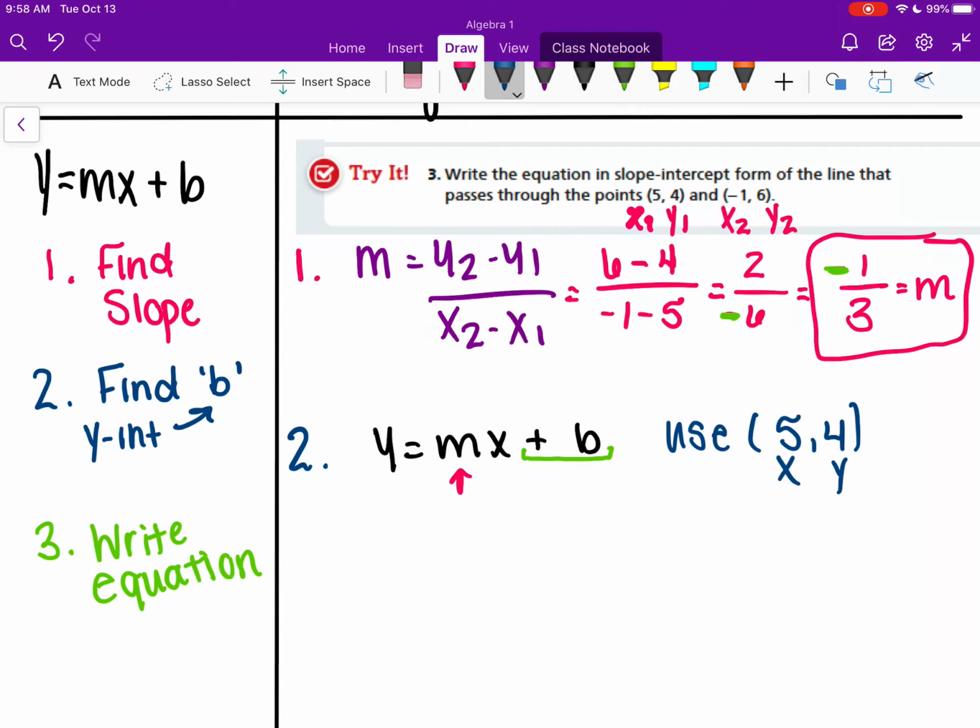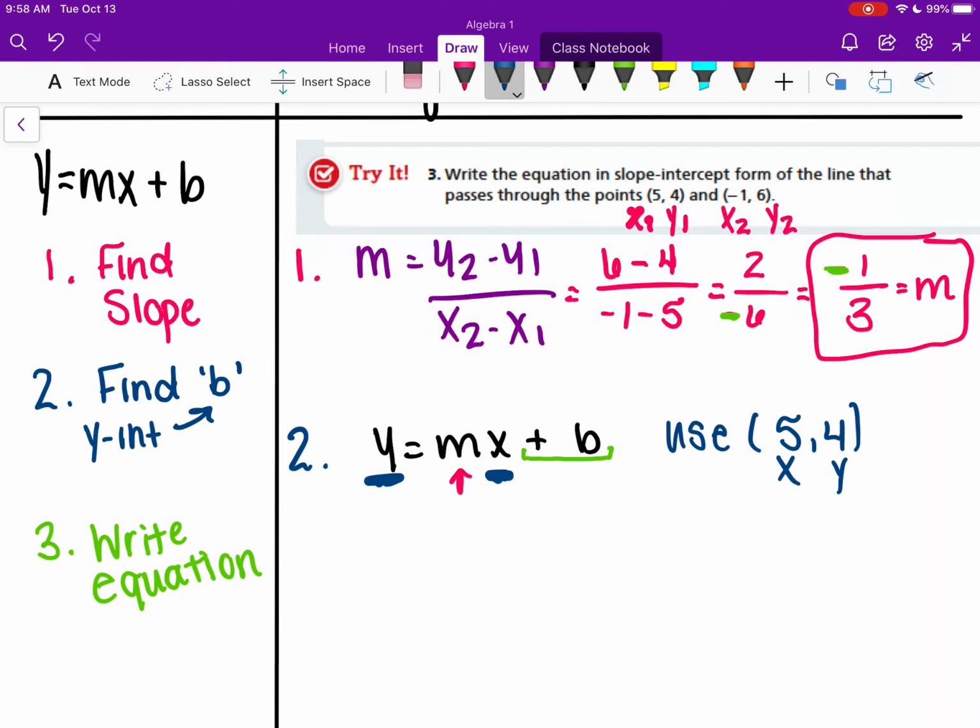Since that point is on the line, we can use it to find our b value. And what I mean by use is we can substitute those values in for x and y to where we know y, we know m is our slope, we know x. And from what we know about solving equations, if I knew and could substitute all of those values with numbers, then the only thing I don't know is b, and I can use my equation knowledge to solve it.